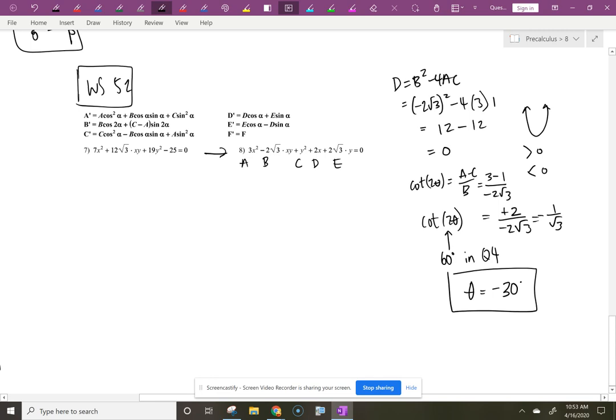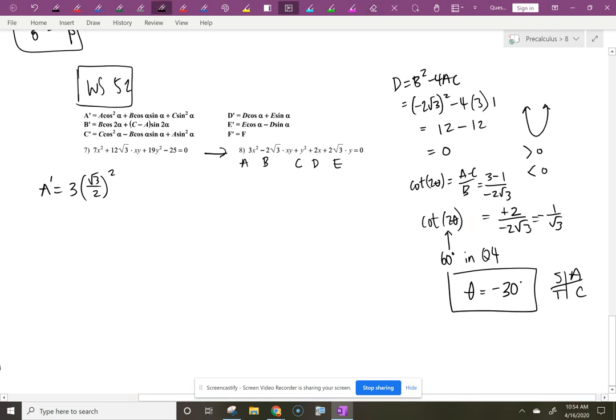All right, going back to the original. I want to figure out A prime. Now remember, it's negative 30 degrees. All students take calculus. Only cosine is positive. So A, which is 3, times the cosine of 30 degrees, which is root 3 over 2, but that's squared, plus B. What was B?